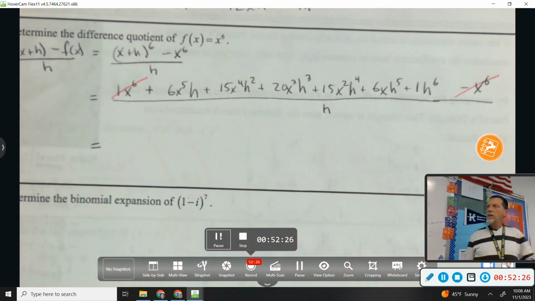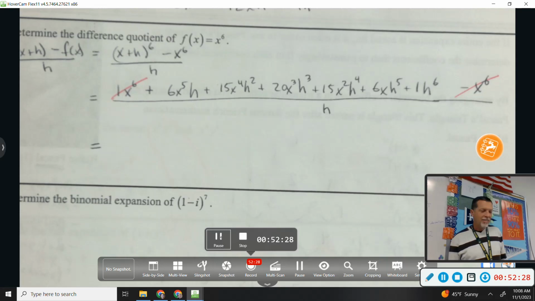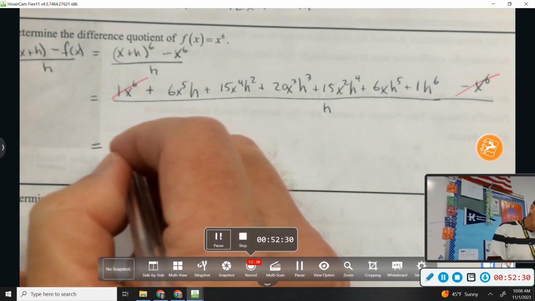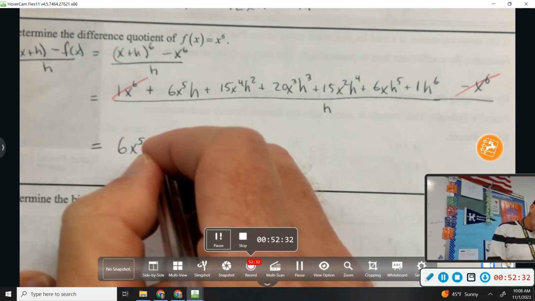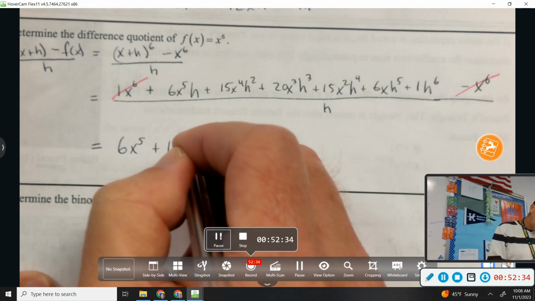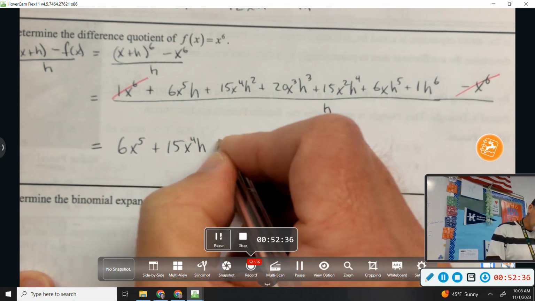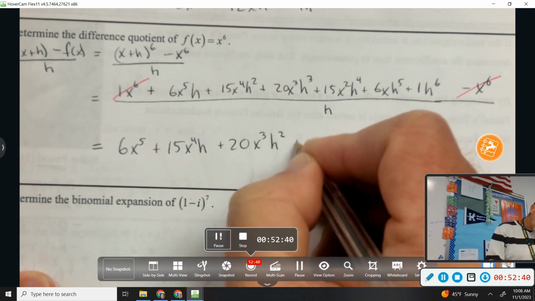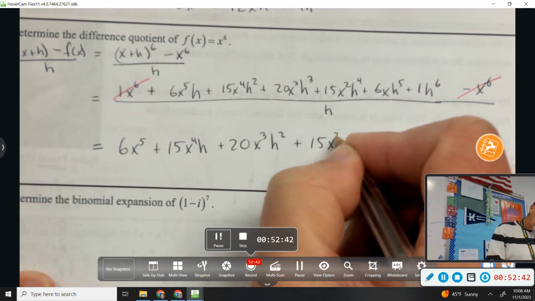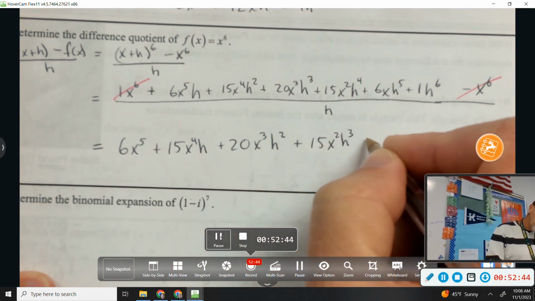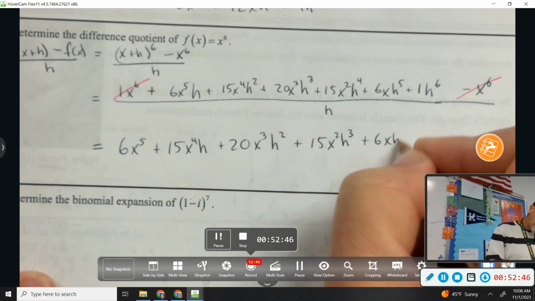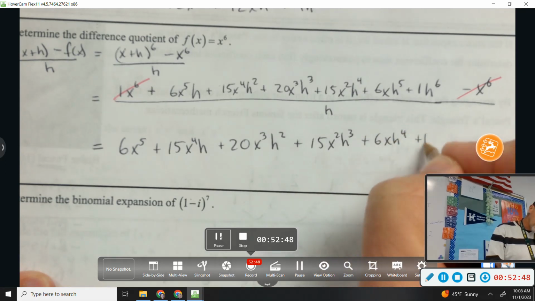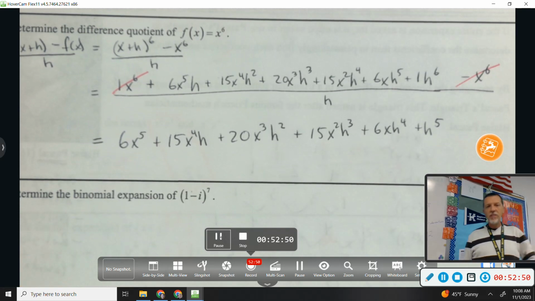And once again, everybody has an h in it that can be canceled. 6x to the 5th, 15x to the 4th h, plus 20x cubed h squared, 15x squared h cubed, 6x h to the 4th, plus h to the 5th. Ugh.